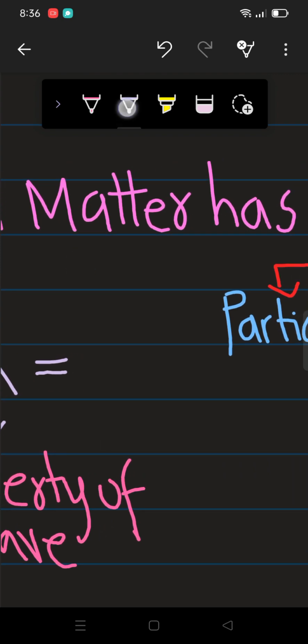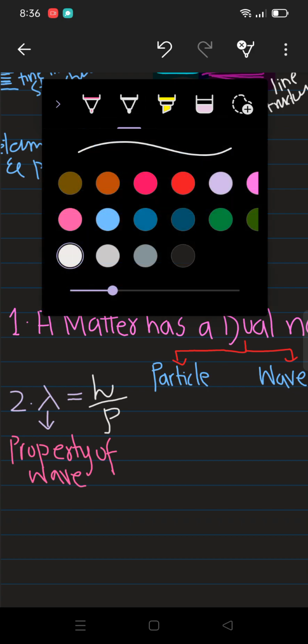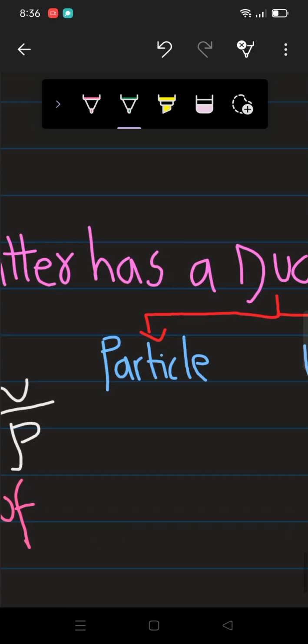It is equal to h by p, where h is the Planck's constant and p is the momentum of an electron.